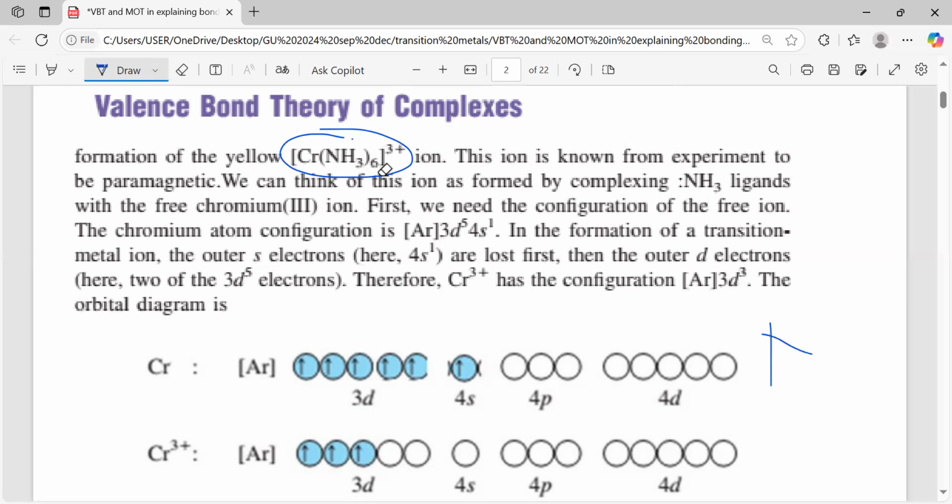Ammonia is NH3 with a lone pair, and therefore it is a neutral ligand. Six neutral ligands are bonding to chromium. And the overall charge of the complex ion is 3 positive, implying that the positive 3 is from chromium itself. So the chromium in this complex is charged positive 3.